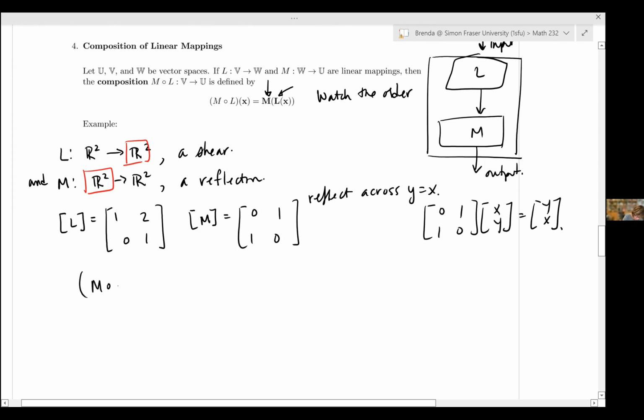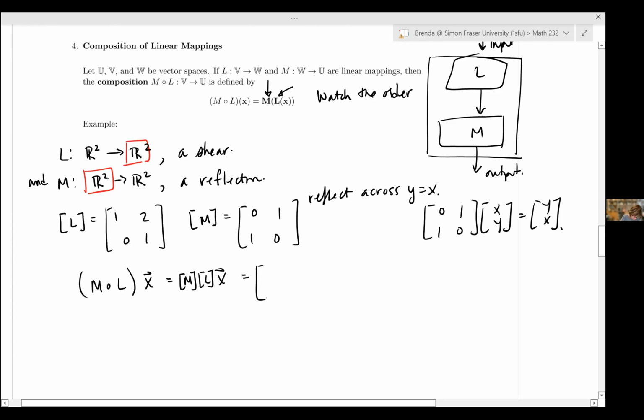Okay, so now let us compose these things. M composed with L is the matrix M, and then let's apply that to a vector. That is going to be M of L of X, which means we are first going to multiply X by L, and then we are going to multiply it by M. So we're going to go ahead and do that.